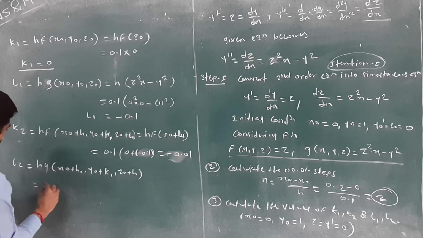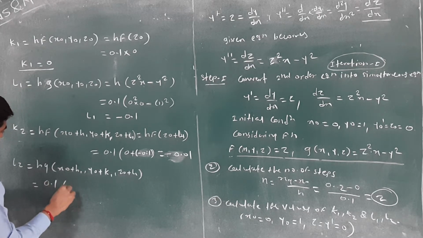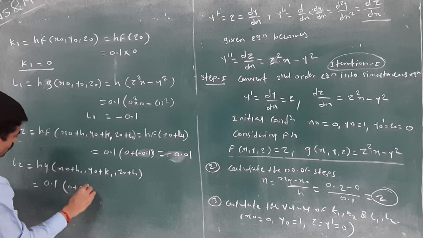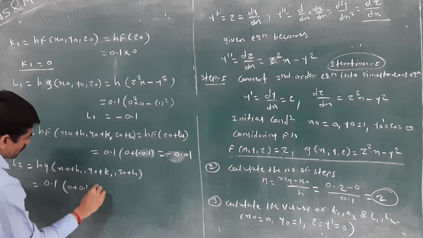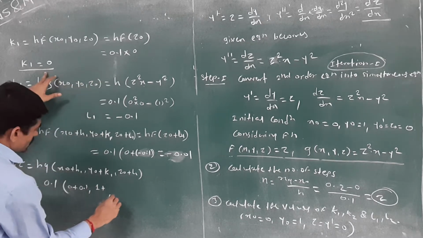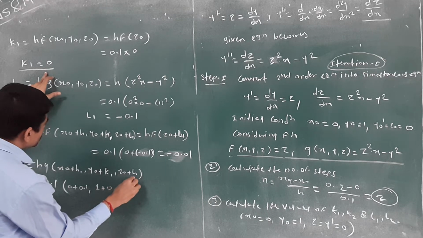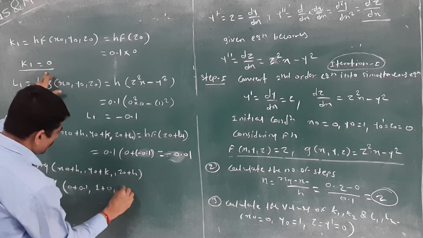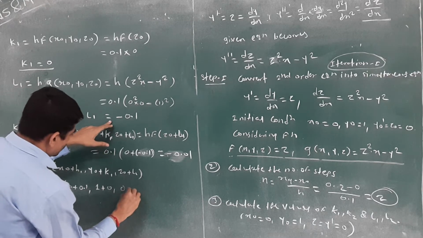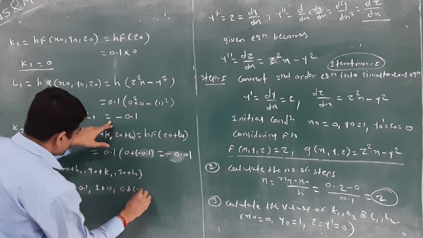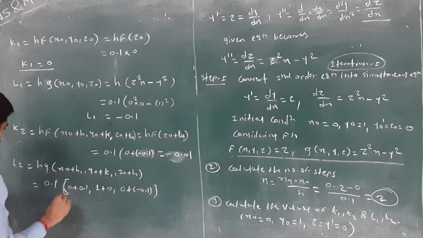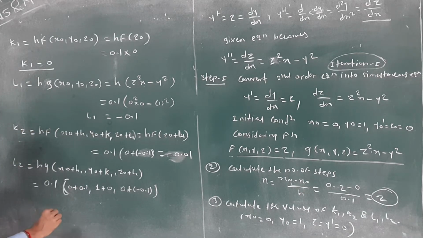I will write here for simplification: 0.1 into x0, 0 is given, 0.1; y0 is given, plus k1. What is the value of k1? 0 is there, and z0 again 0. And what is the value of l1? L1 is minus 0.1.